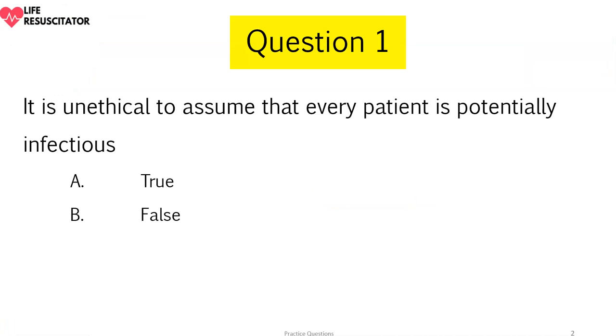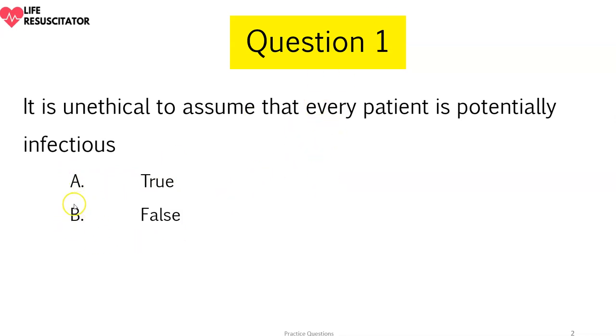Question 1. It is unethical to assume that every patient is potentially infectious. Is it true? Is it false? You need to choose the letter that matches. If it is true, you put A in front of question 1 on the piece of paper.